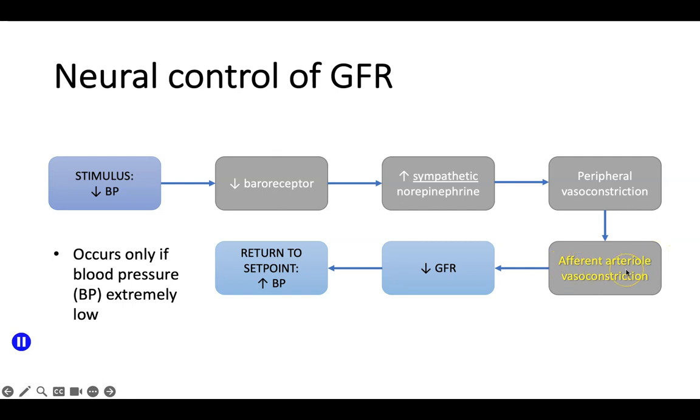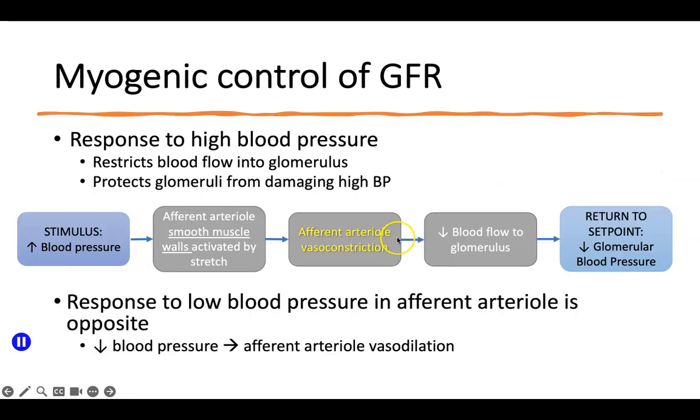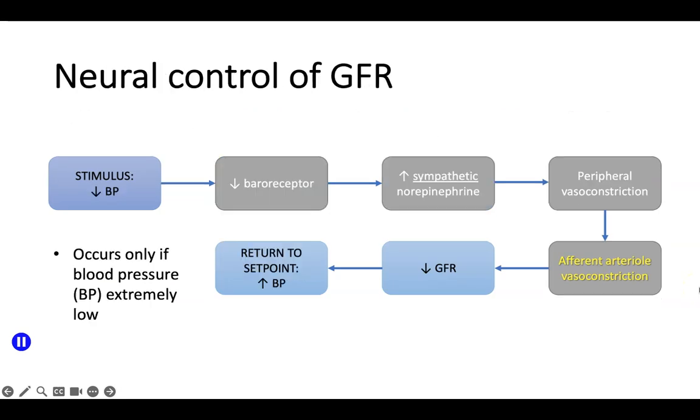So this should be now a running theme. You can see all of these have eventually led to vasoconstriction in the afferent arteriole, which is regulating the amount of blood which is able to pass into the glomerulus. So in this case, again, reduce glomerular filtration rate, and the overall blood pressure then hopefully increases.